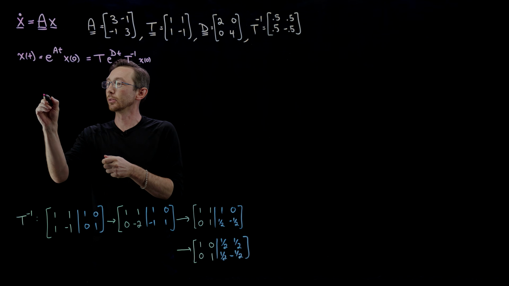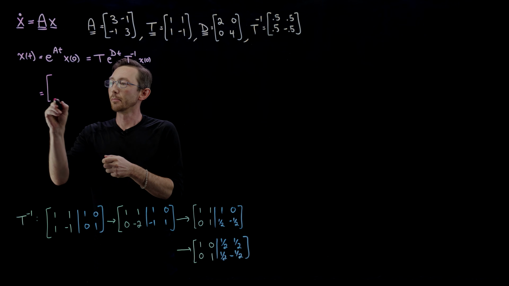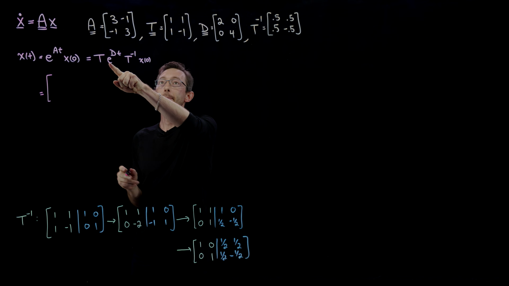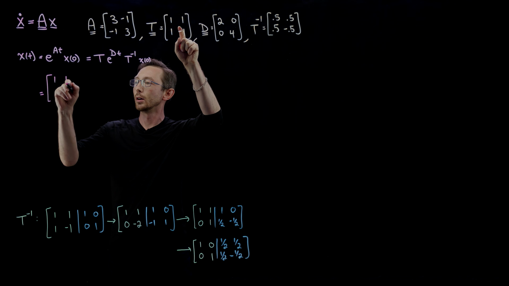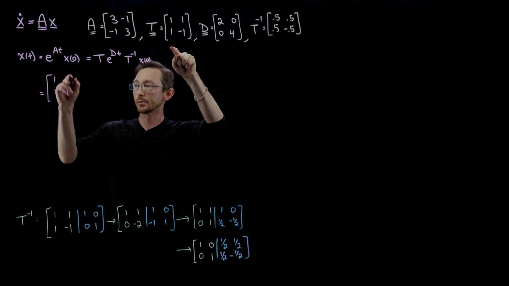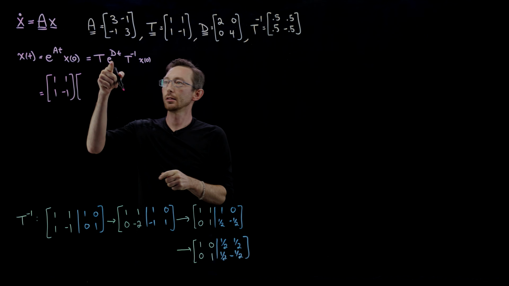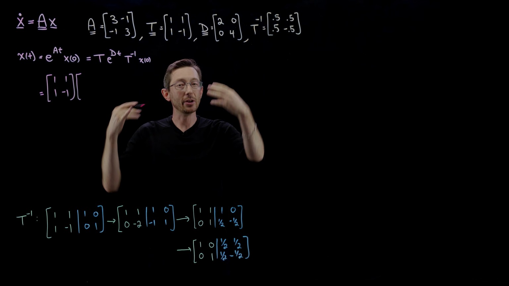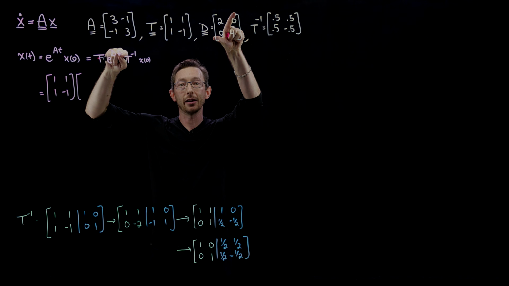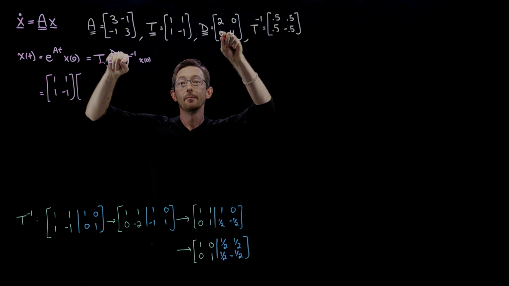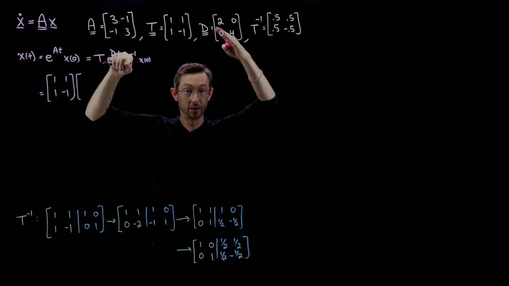So x of t equals my matrix T, which is 1, 1, 1 minus 1, times my matrix e to the diagonal d times t. And we know that this exponential of this diagonal matrix times time is just another diagonal matrix with those exponentials.